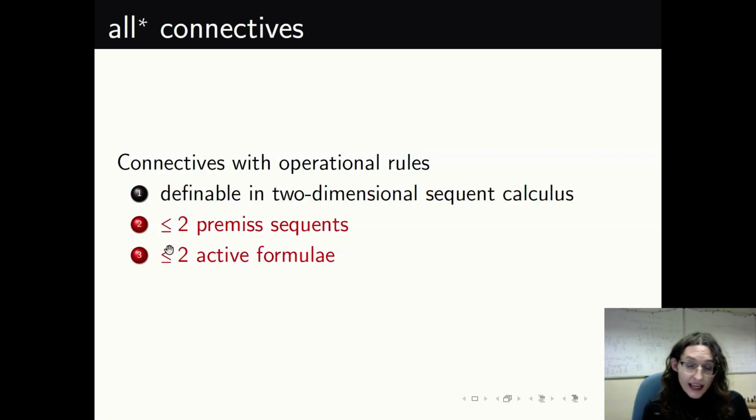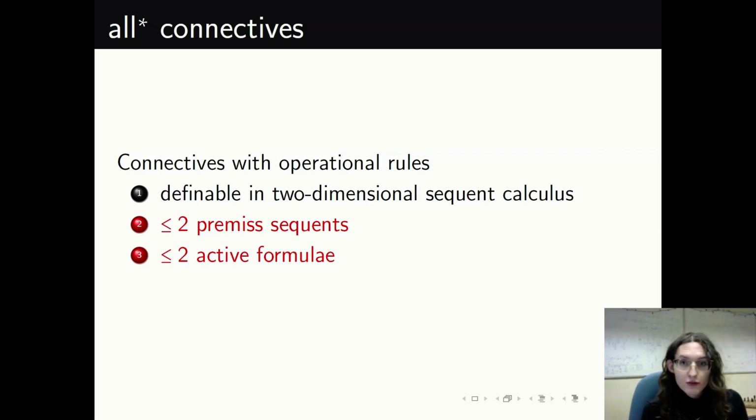However, the second and the third constraint here, they are merely pragmatic. We'll limit ourselves to at most 2 premise sequents and at most 2 active formulae in order to limit the length of our investigation.